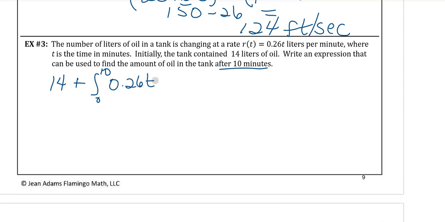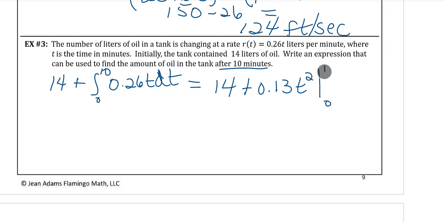0.26t dt. So when we integrate that, we get 14 plus 0.13t squared, and we're integrating that between 0 and 10. So we just have to substitute 10 in.